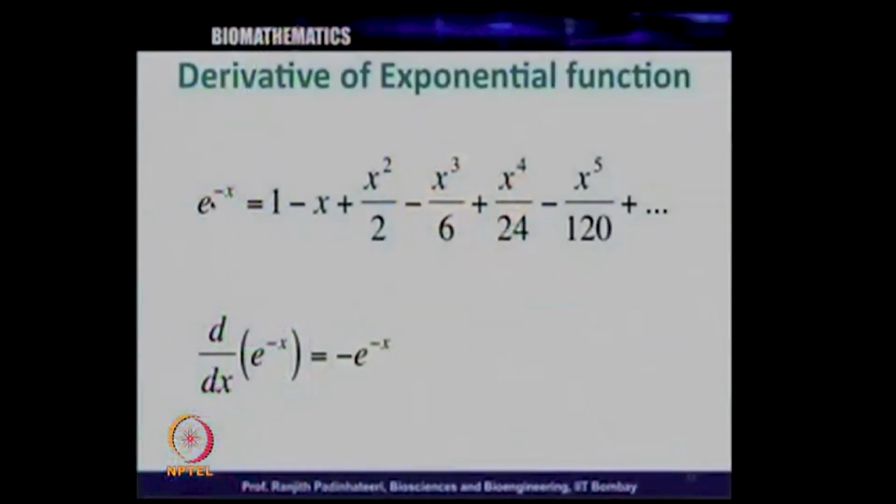Now, the next thing we should learn is the derivative of e power minus x. Once we know e power x, we can easily learn e power minus x. Let us look here. E power minus x is nothing but 1 minus x plus x square by 2 minus x cube by 6 plus x power 4 by 24 minus x power 5 by 120 and so on.